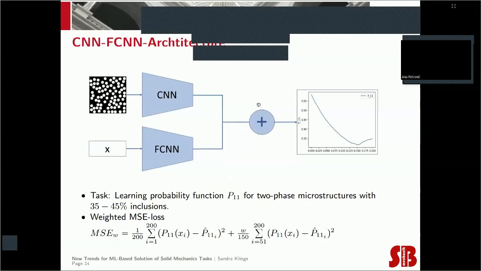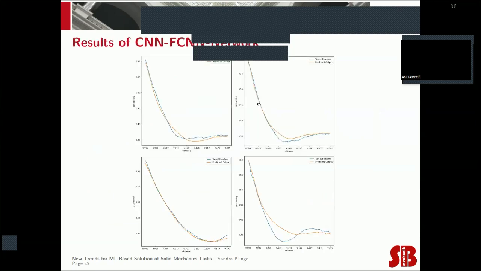By adding them, we were able to reconstruct correlation functions with the following quality. The blue one is the reference, and the yellow one is our solution. The solution is pretty good, however, it is still not able to catch all the wavy character in some cases.